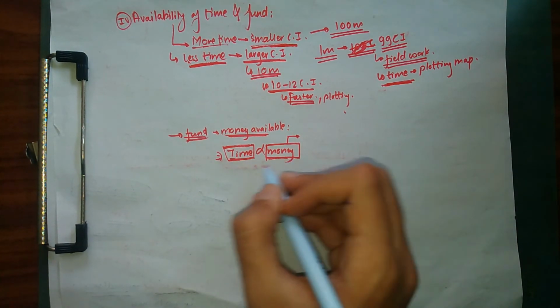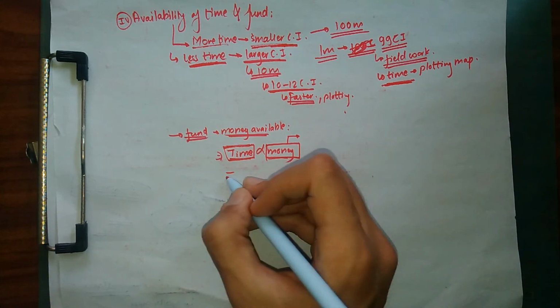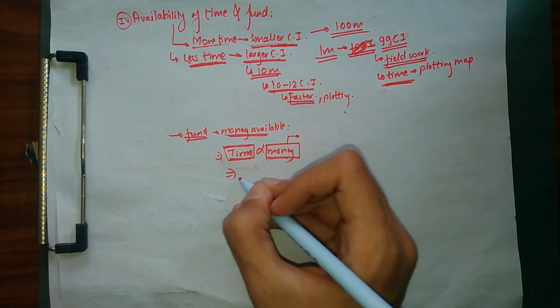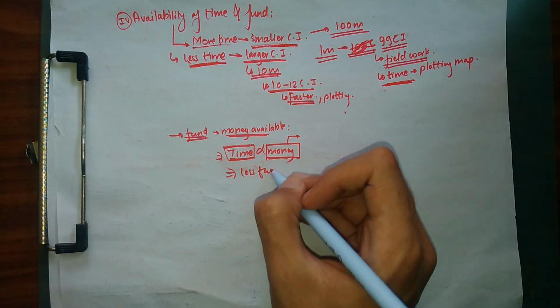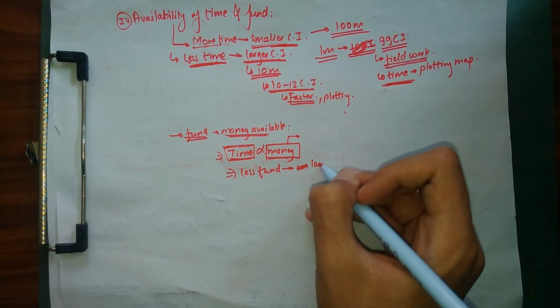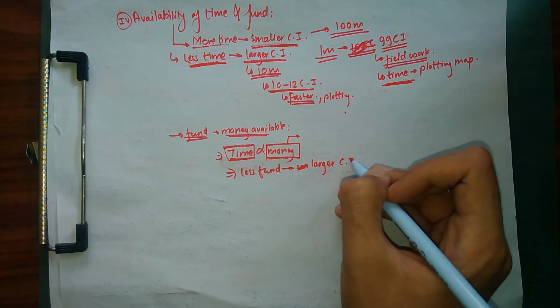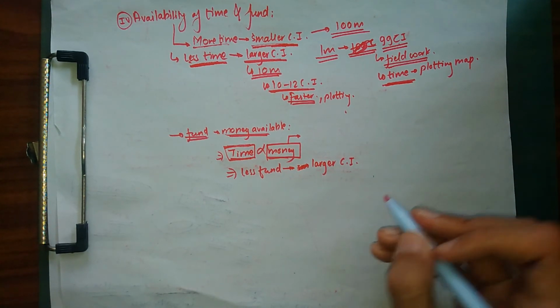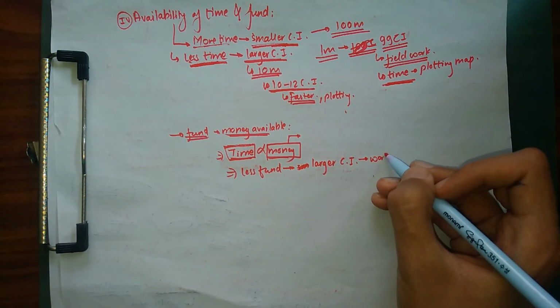More time means more money, less time means less money. So if we have less fund available, we are going to use a larger contour interval to complete our work faster and cheaper.